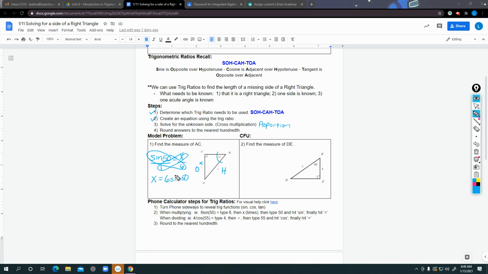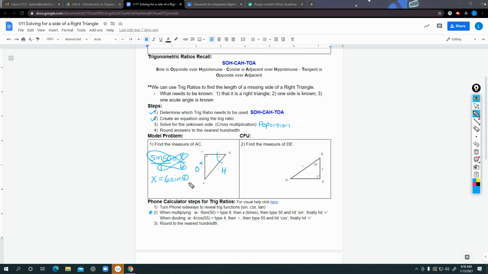Now, with using an iPhone or an Android, you need to turn your cell phone sideways with your calculator on, and you'll see the tangent, sine, and cosine pop up on the left-hand side. Here are your steps for multiplying. Type in 6, then times, then 50, and then hit sine.